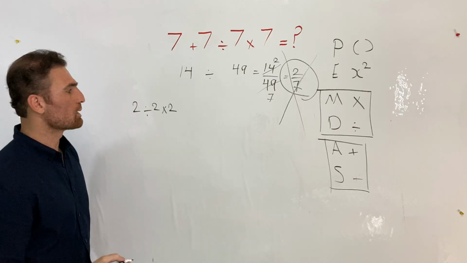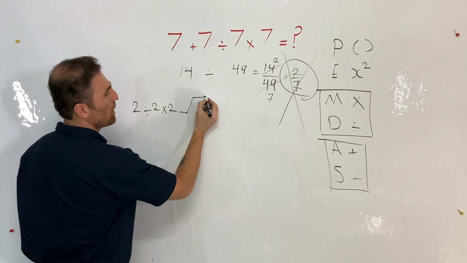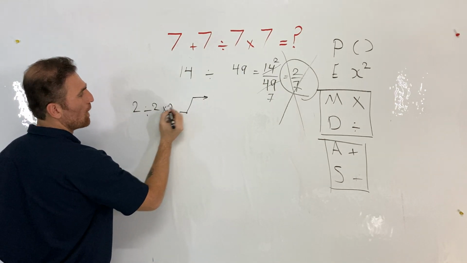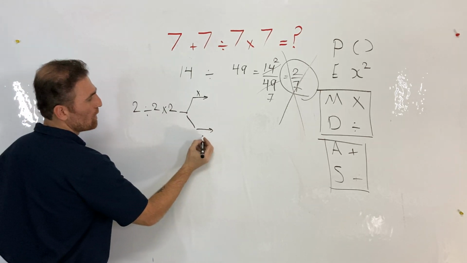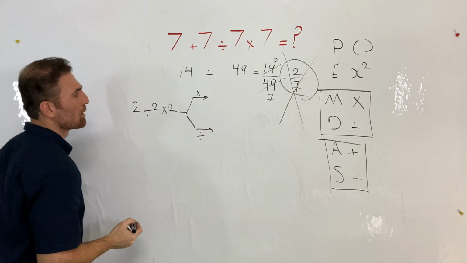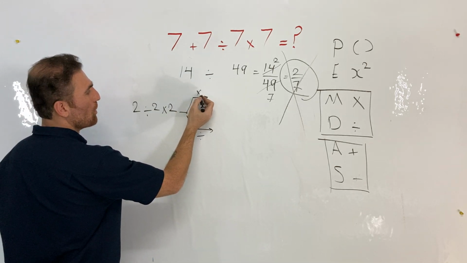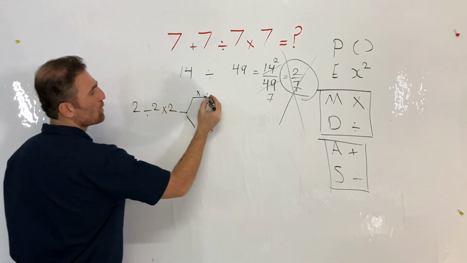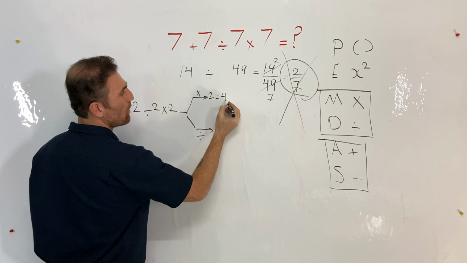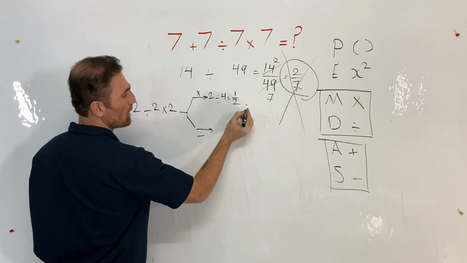Let's do both ways. The first time, we are going to start with multiplication, then division, and compare the results. When we start with multiplication, 2 times 2 equals 4. Then 2 divided by 4 equals 1 over 2.